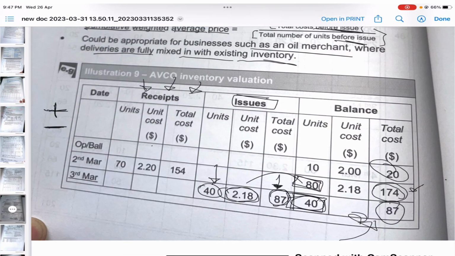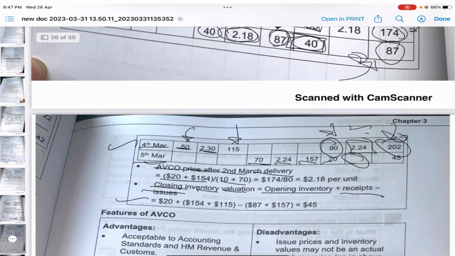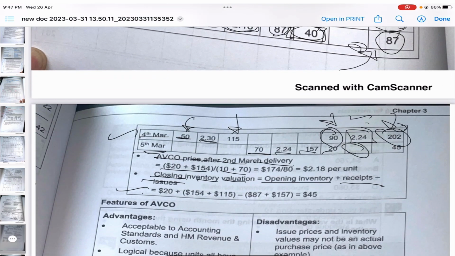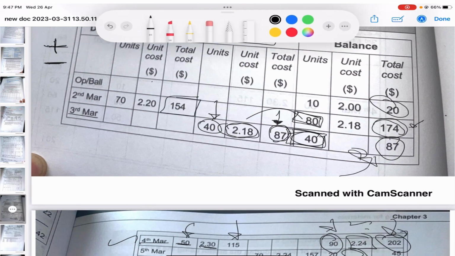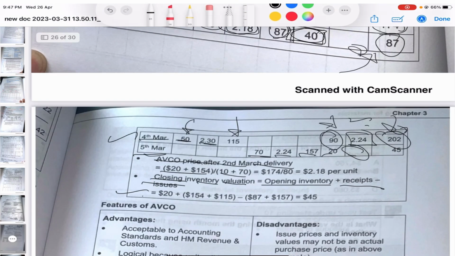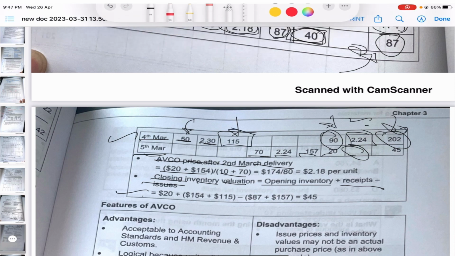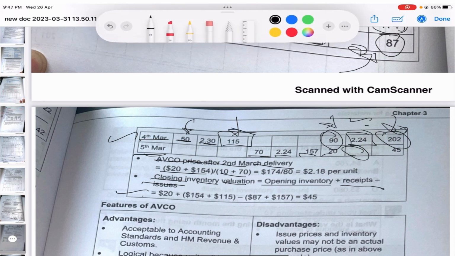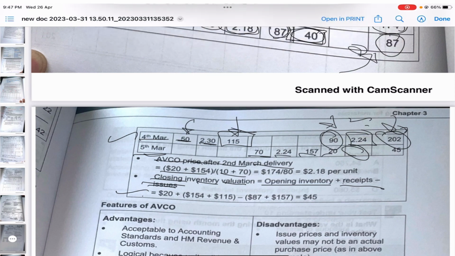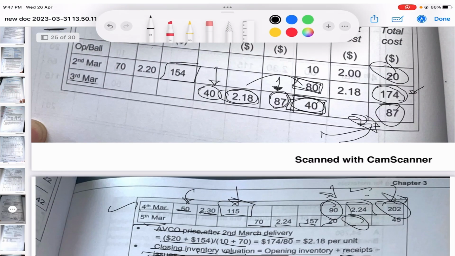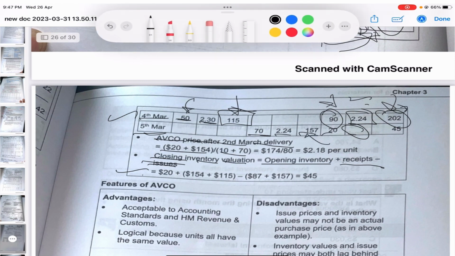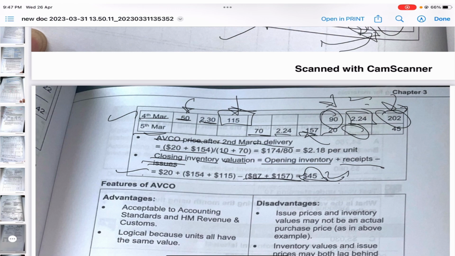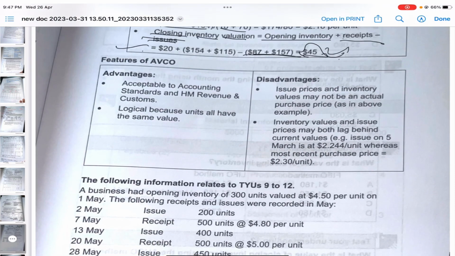So what are my receipts? 154 plus 115 minus issues. So 87 is one of my issues, and 157. So I'm minusing that. Then I get my answer. So it's that simple. I hope you got the logic.